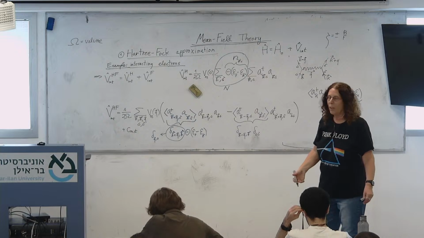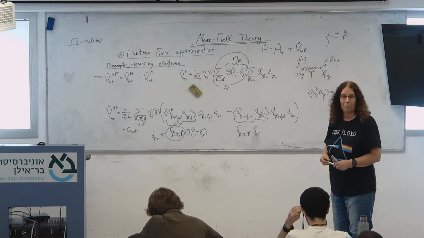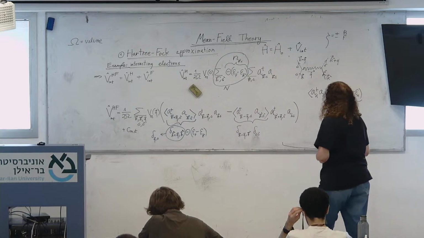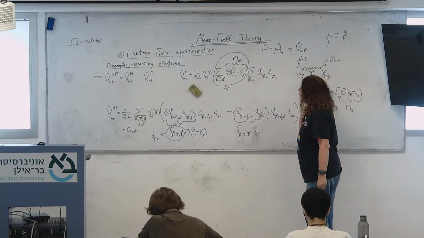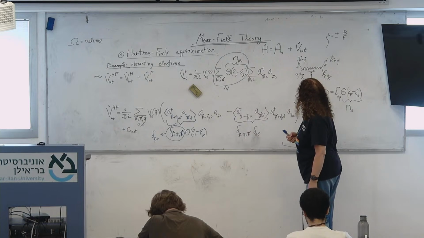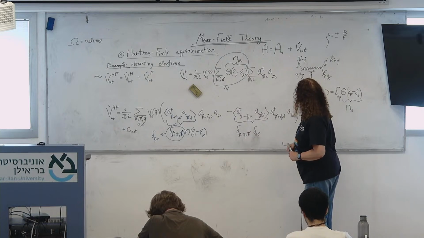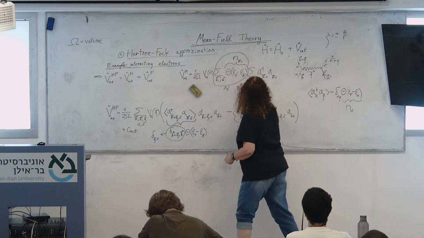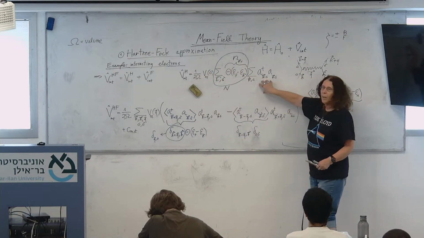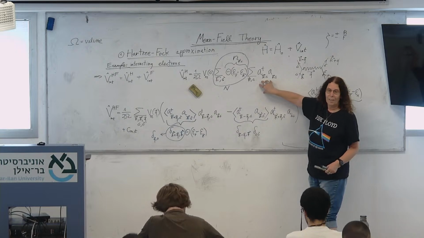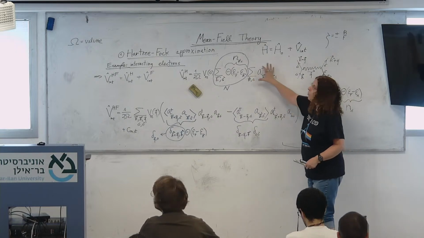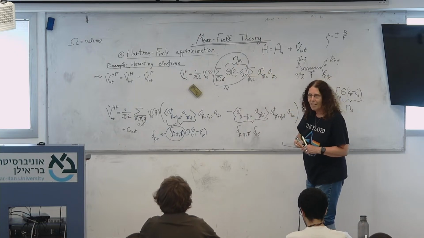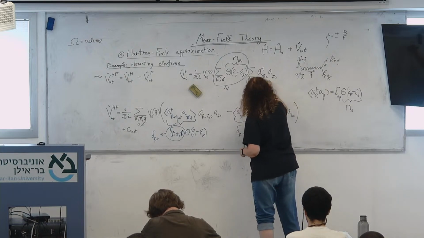It's of order the Avogadro number per centimeter cube. And all of this multiplies something that looks like, what is it now? This is an operator. It's not a number, but what operator is it? Yes, it's the number operator, right?